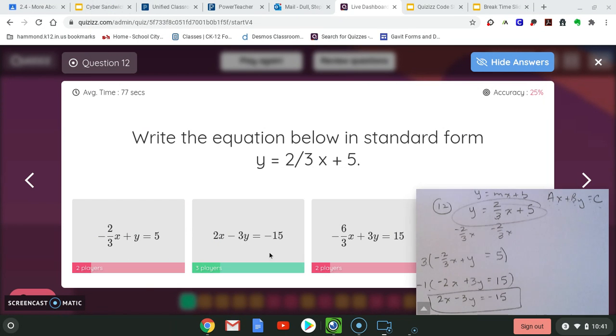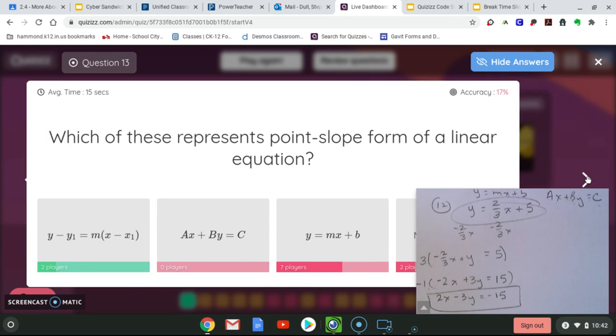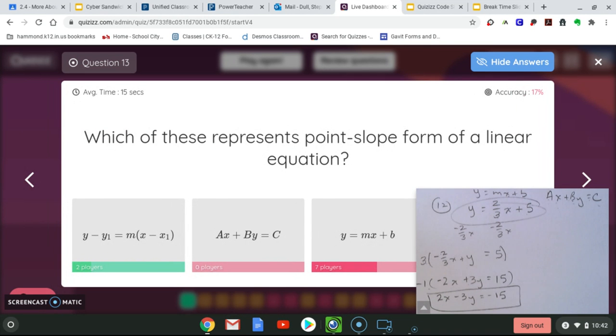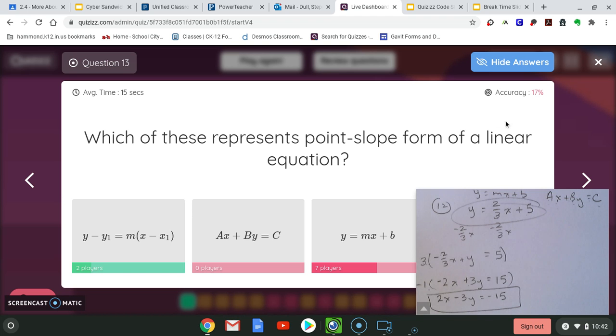And that was this solution right here. It's way more common that you'll get asked to go from the standard form to the slope-intercept form than vice versa. But we definitely want to be able to do that and recognize that they're both legit ways of expressing the same function.